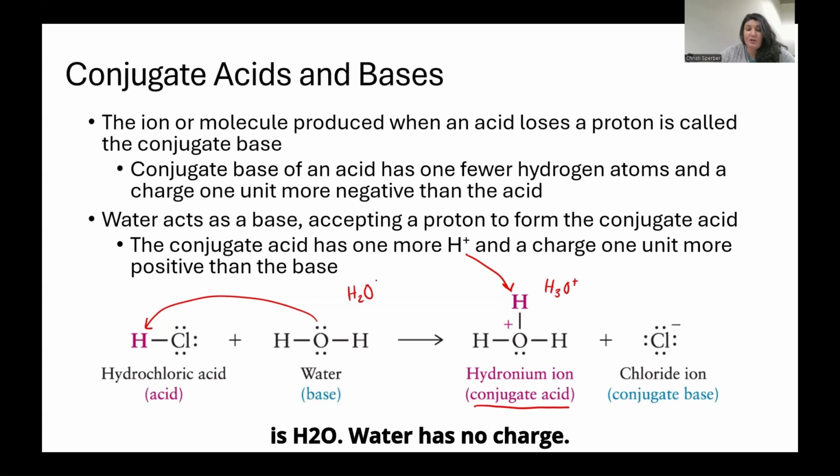Water has no charge. H3O has a plus charge, 1 more positive, and it has 1 more hydrogen. So the water is the base, and a base forms a conjugate acid. The acid loses a hydrogen, and the resulting molecule is called the conjugate base.